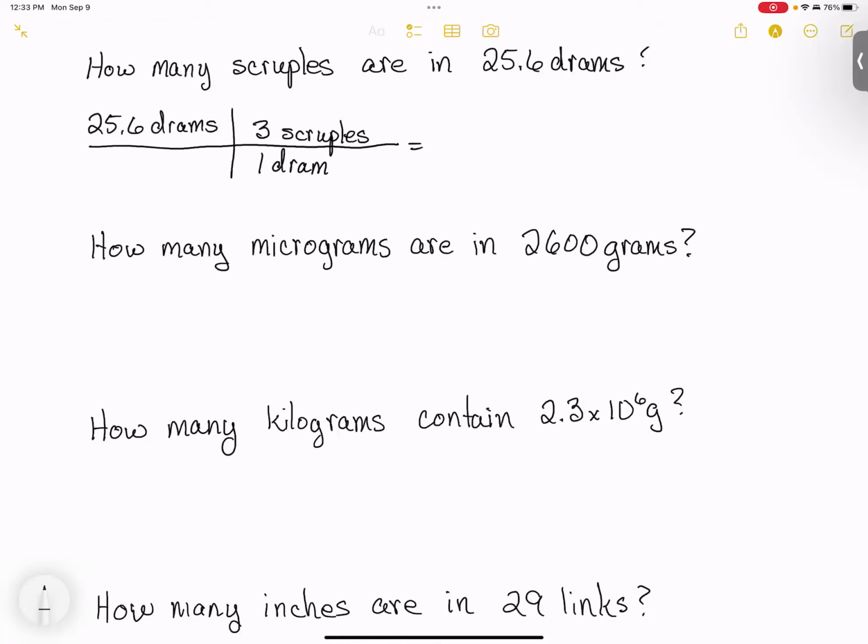So when you key this out, 25.6 times 3, you get 76.8. And that would be scruples.